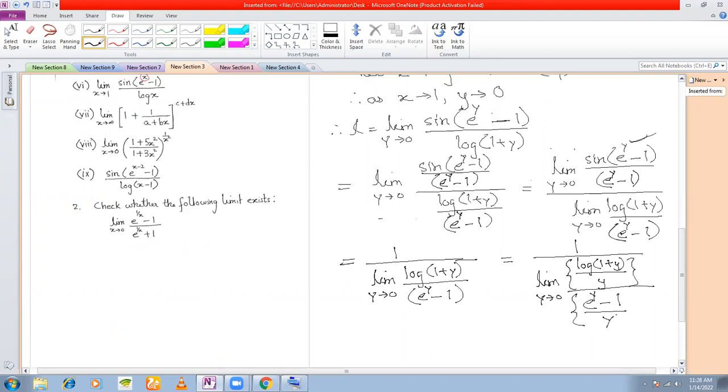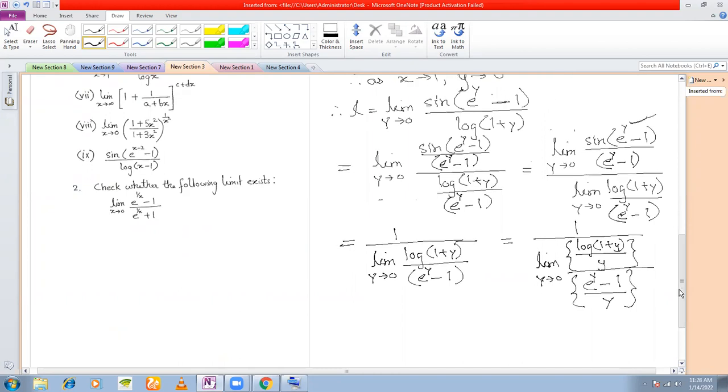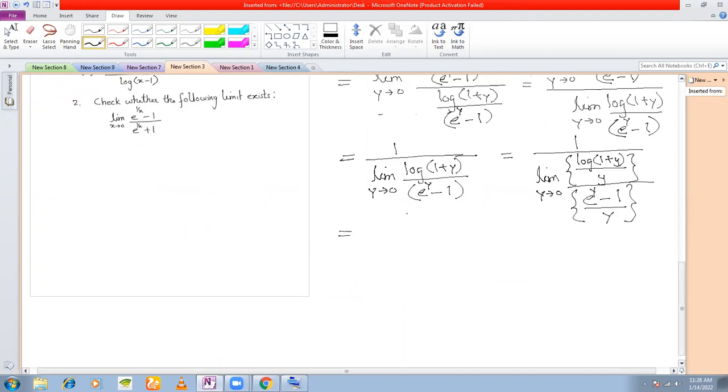So I divide the numerator and denominator by y very safely. And then in the denominator, I can split the limit: log 1 plus y by y divided by limit y tends to 0, e to the power of y minus 1 by y.